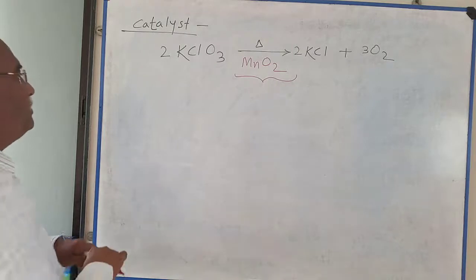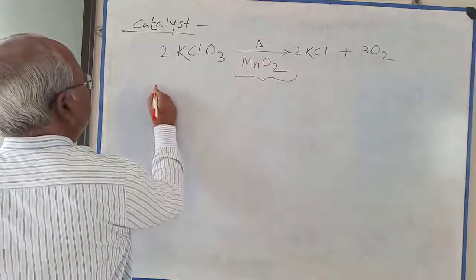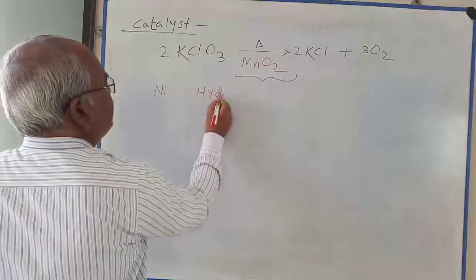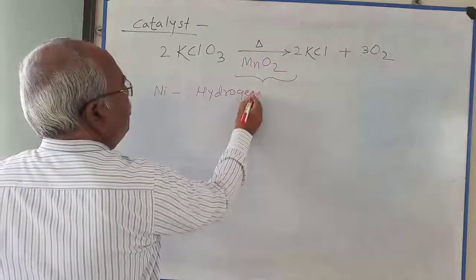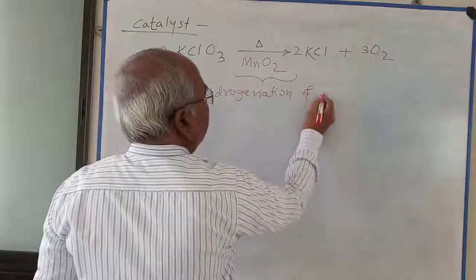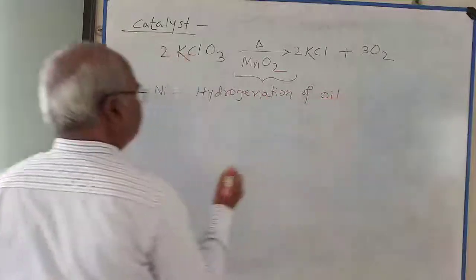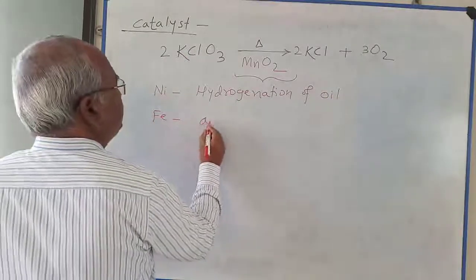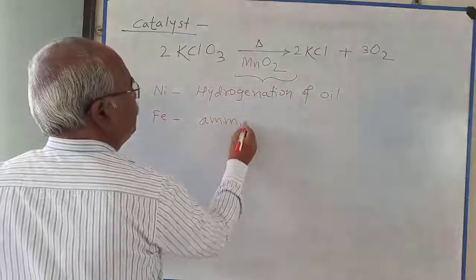You know that nickel is used as catalyst in hydrogenation of oil. Iron catalyst is used in the preparation of ammonia.